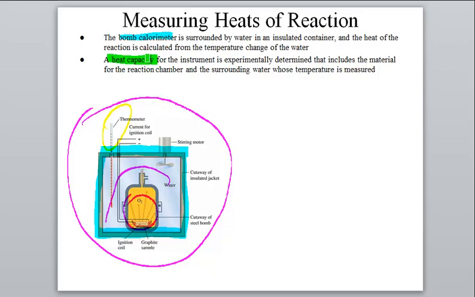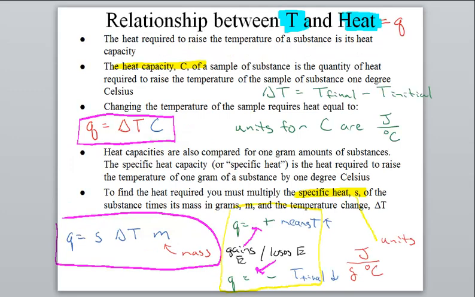And if you remember from our previous slide, we had equations for heat, for Q, if we knew the specific heat of a particular material, and that's the equation we've been using in the last slides. The one we're going to be using has heat capacity C, which is a constant for a device, times the change of temperature.